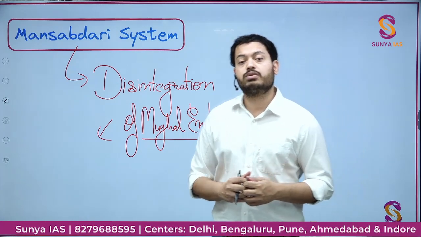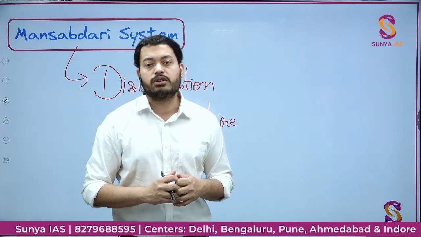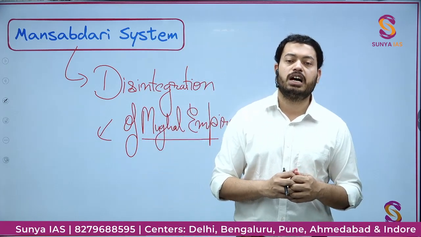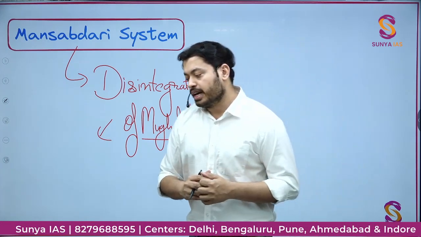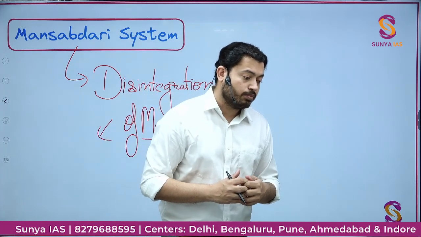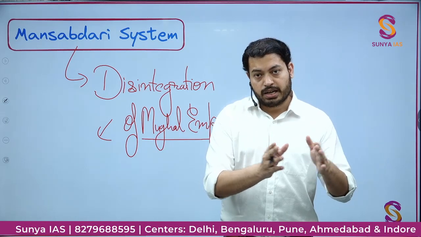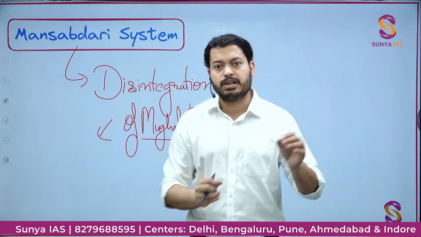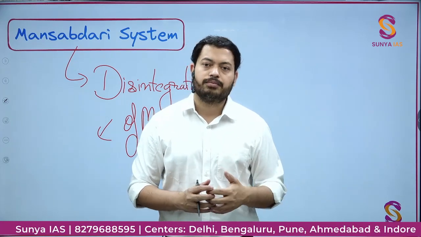That's why the senior-most officials were called 5,000 Mansabdars. But by the time of Aurangzeb, you will see that there were even 7,000 Mansabdars, that is, Mansabdars with a rank of 7,000. Now, how does it actually work? Suppose there is a Mansabdar with a rank of 7,000. You can understand that if an infantryman has a rank of 10, how many can he maintain?